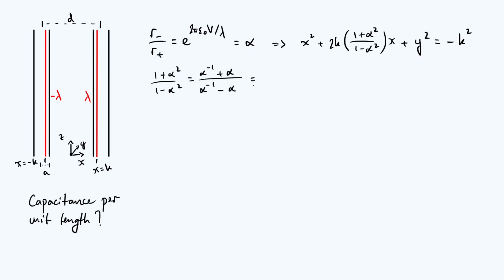Then if we put the definition of alpha in terms of this exponential up here, put that back into our fraction, we see that this is e to the minus 2 pi epsilon v over lambda, and then plus e to the positive 2 pi epsilon v over lambda.